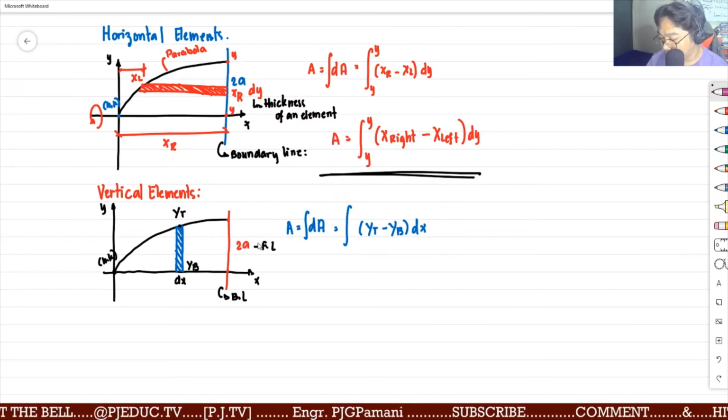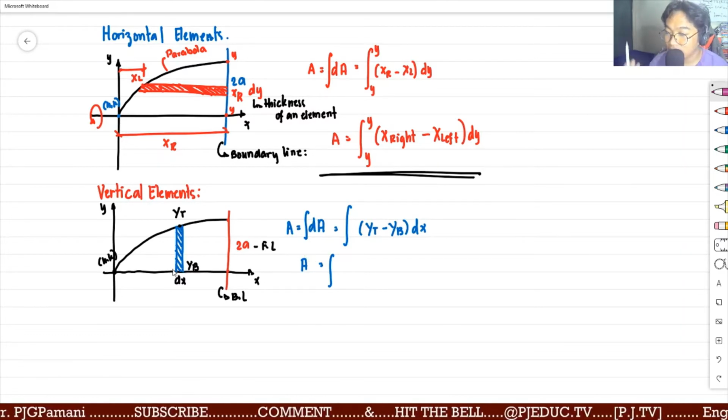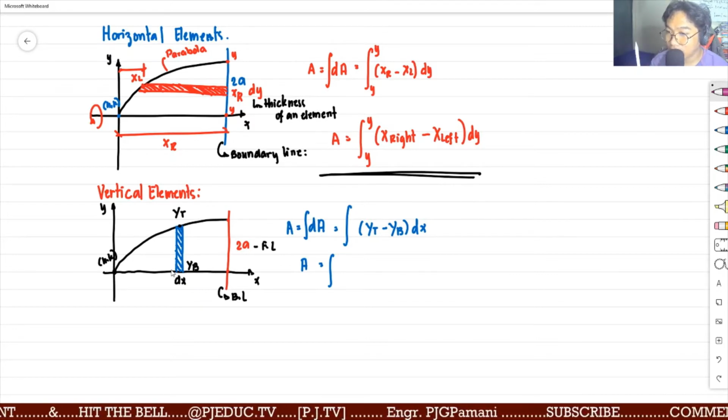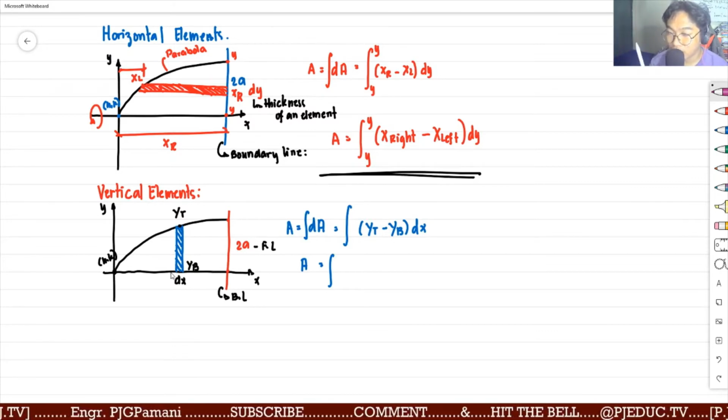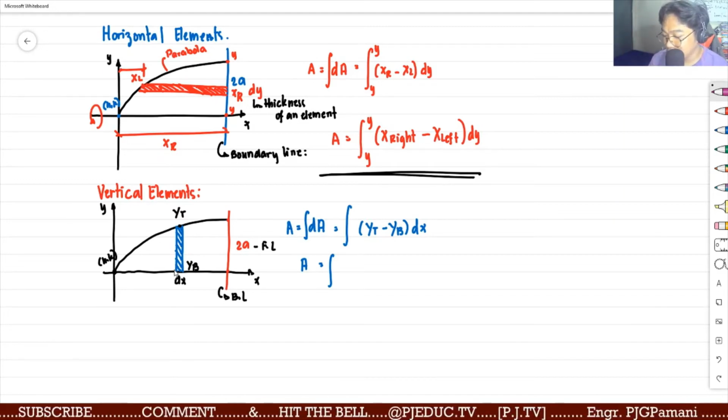and apply your limits. So, our limits now, imagine a vertical strip. To consider the entire area of the parabolic curve, where will it revolve, around x or y? Around y.